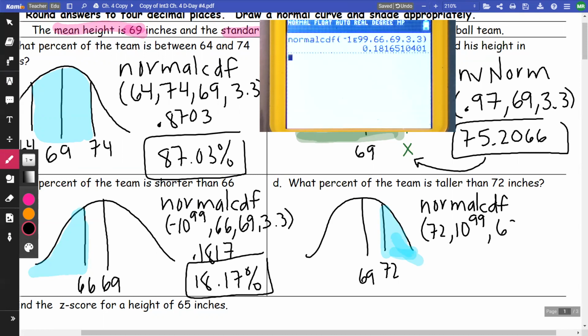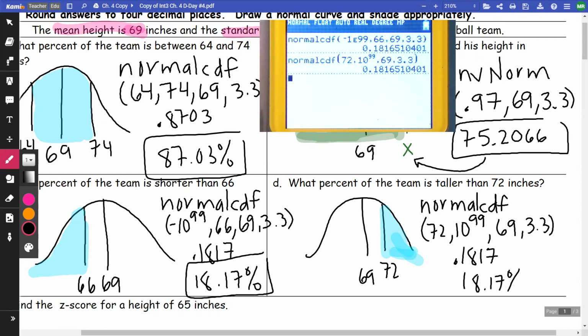And then we're going to have our mean of 69 and our standard deviation of 3.3. Okay, so this is going to be 72, 10 raised to 99, 69, and 3.3. And I get 0.1817. It happened to be the same percent, but the upper 18% as opposed to the lower 18%.